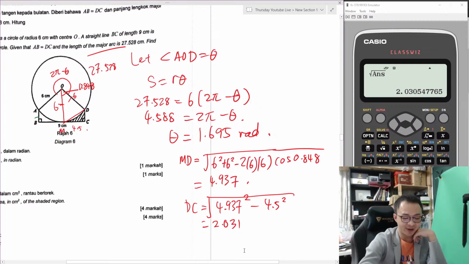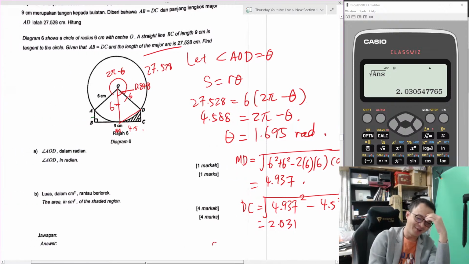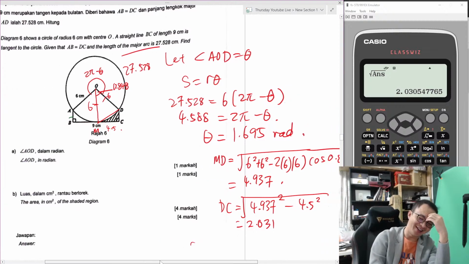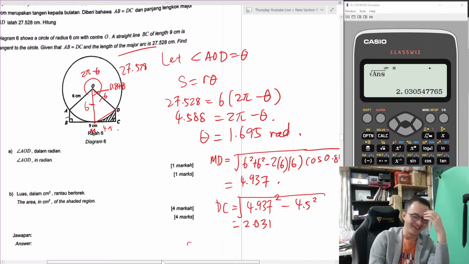Alright, so after I got the length of DC, now I can... Hey, I'm not finding the perimeter. What am I doing? I want to find an area. I can just use a trapezium. For the trapezium I still need DC, right? Okay, it's fine. I was thinking I made a mistake. It's fine, nothing happened.